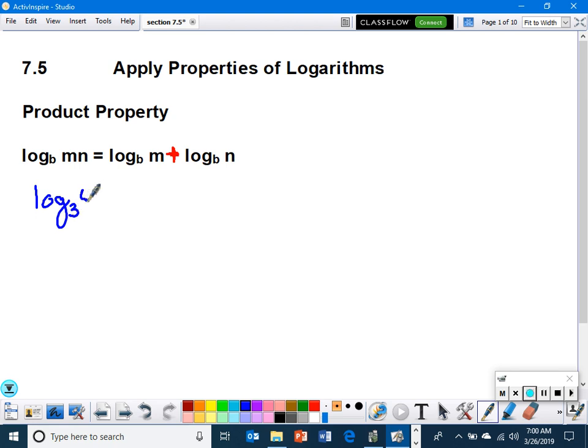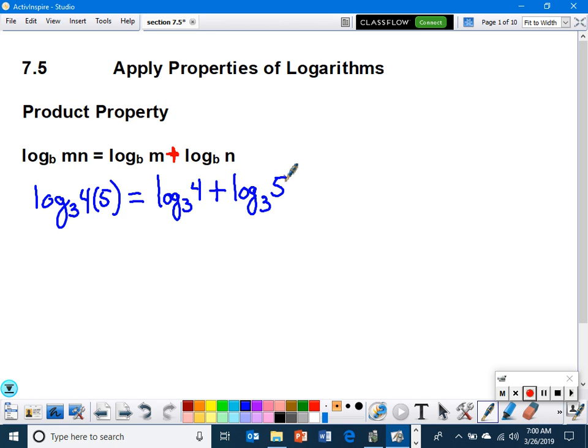And then we're going to say 4 times 5. So this property is saying that we can rewrite this as log base 3 of 4 plus log base 3 of 5.